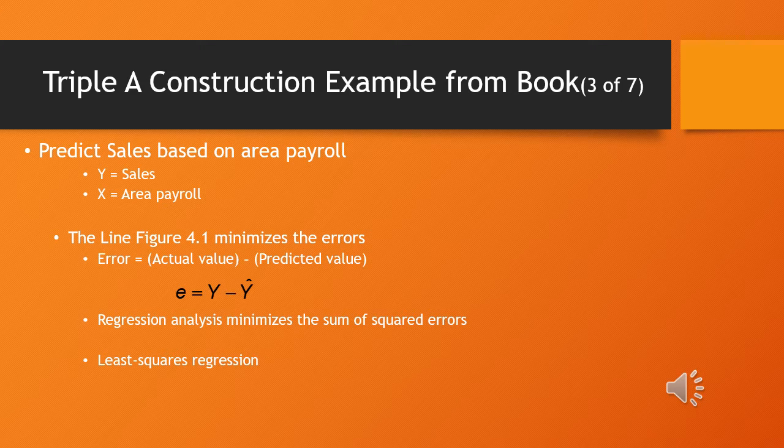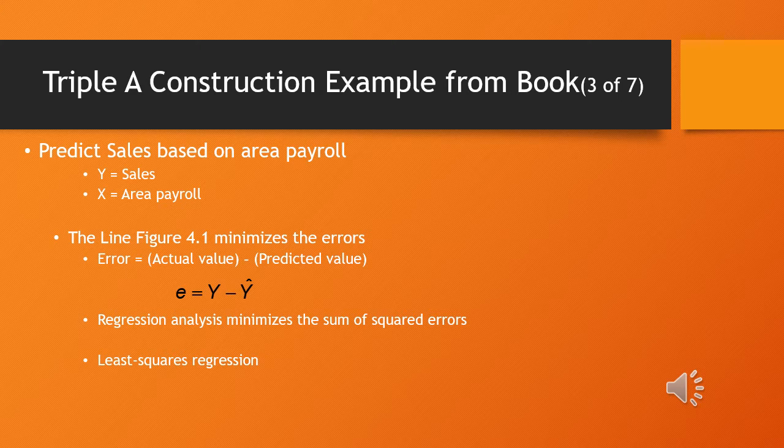Although any number of lines can be drawn, as I said earlier, through these points to show a relationship between x and y, the line that will be chosen is the one that in some way minimizes the errors.